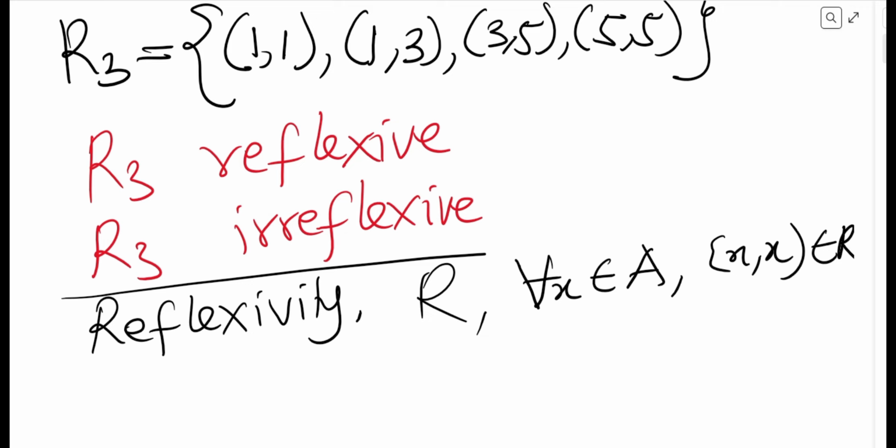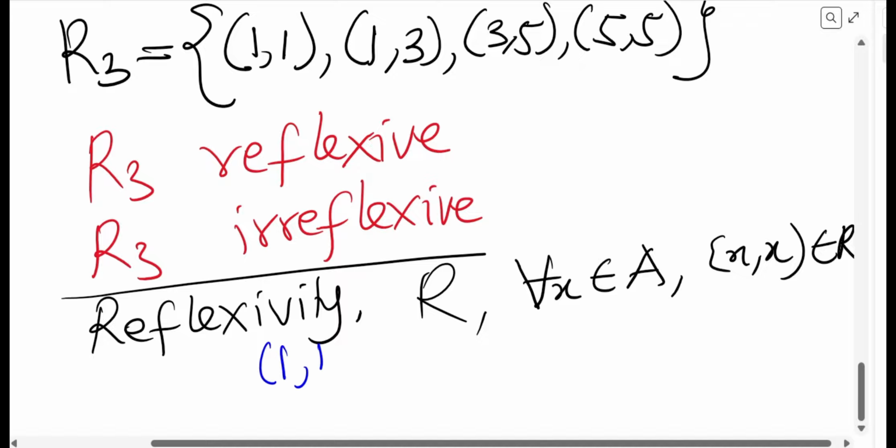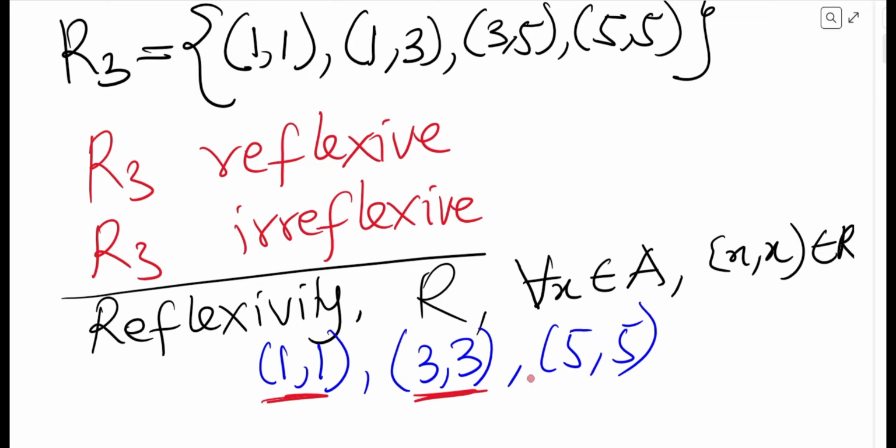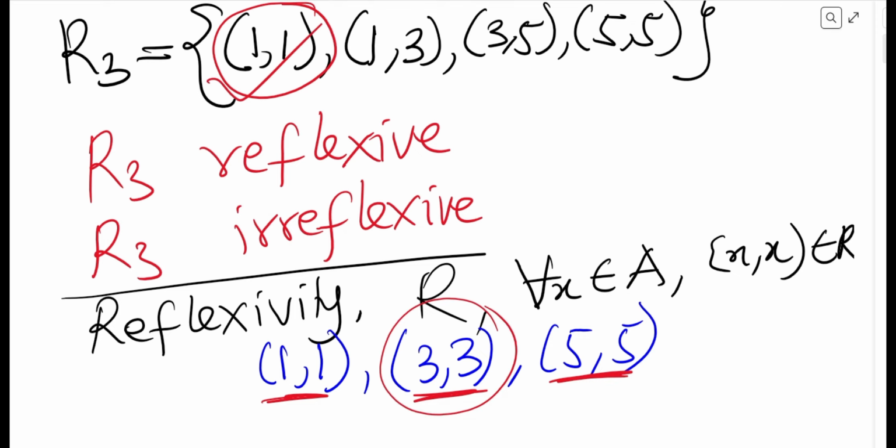So in R3, we are expecting to see that 1 relates to itself, 3 relates to itself, and 5 relates to itself. We will look for these 3 guys, and all of them must be present in R3 in order for R3 to be reflexive. Now we see 1 relating to 1, so that is checked. What about 3 relating to 3? That is not in R3.